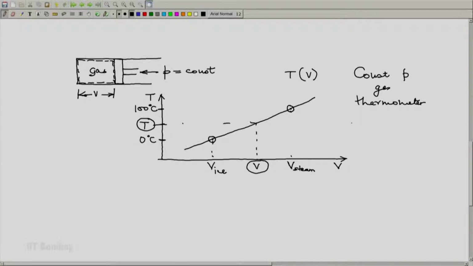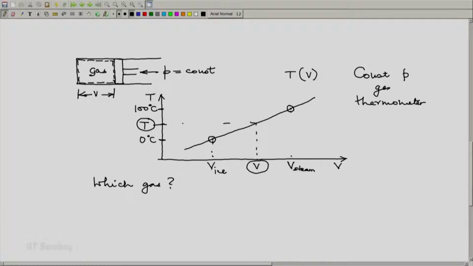Now, there is still some arbitrariness in this. First, which gas? It turns out that if you fix the ice point and steam point, 0 degrees C and 100 degrees C, as the reference temperatures, then at a given state in between 0 degrees C and 100 degrees C, the temperature which you obtain depends on which gas you use, because the behavior is not exactly linear.